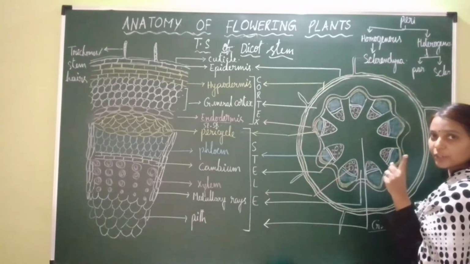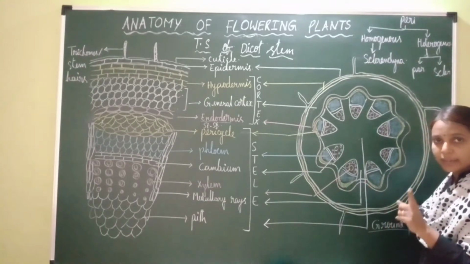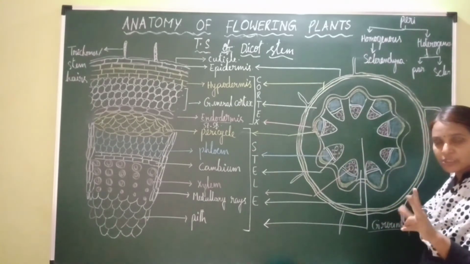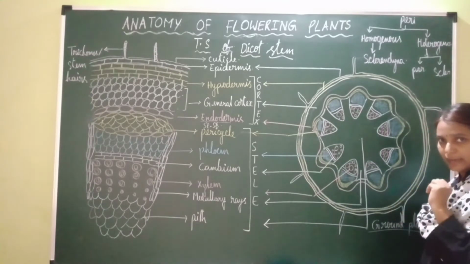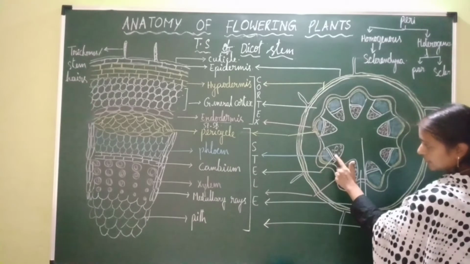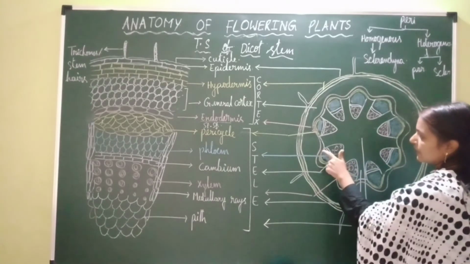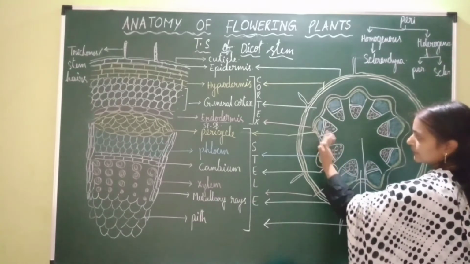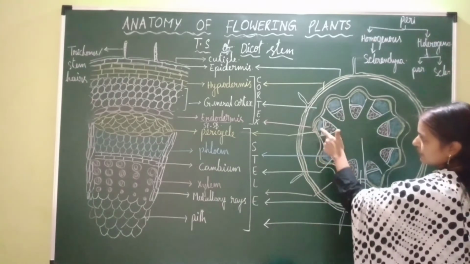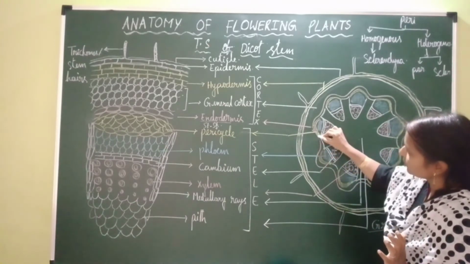I am talking about heterogeneous pericycle. It is made of two types of tissues, sclerenchymatous and parenchymatous. The part of the pericycle present above the vascular bundles, that is above phloem, is sclerenchymatous, and the part in between vascular bundles is parenchymatous.